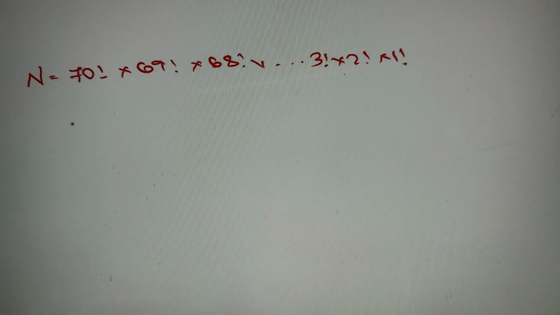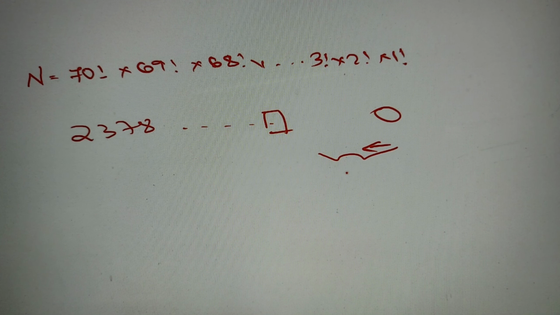Let's say the starting digits of the number are 2, 3, 7, 8 all the way up to 0, because the last digit is definitely 0. We have to find the 147th digit from the right end of n. So over here we will have 146 digits and we have to find this 147th digit.